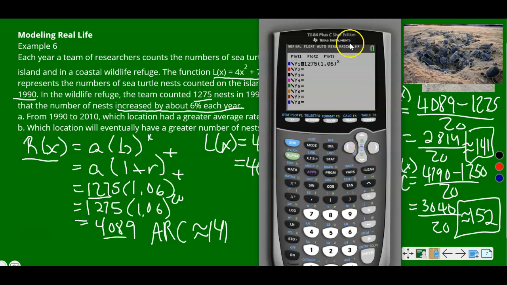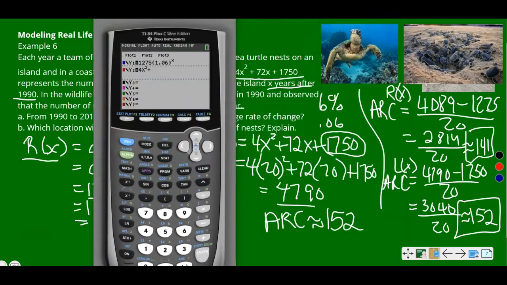All right, and then our second equation is 4x squared plus 72x plus 1750. And then if I hit graph, it should graph both of those equations.